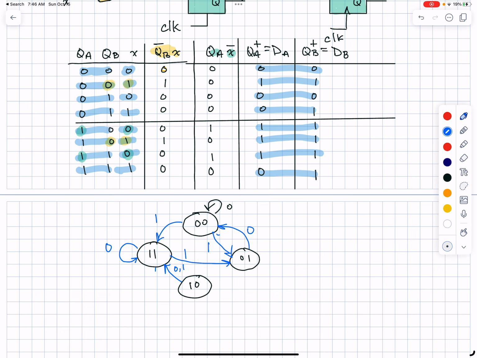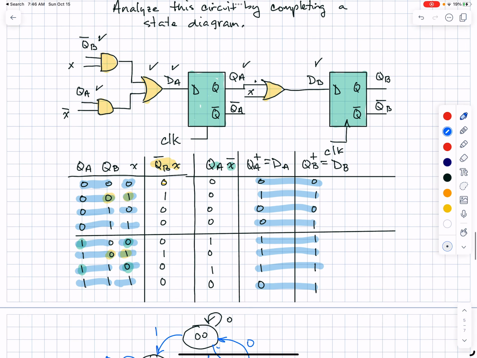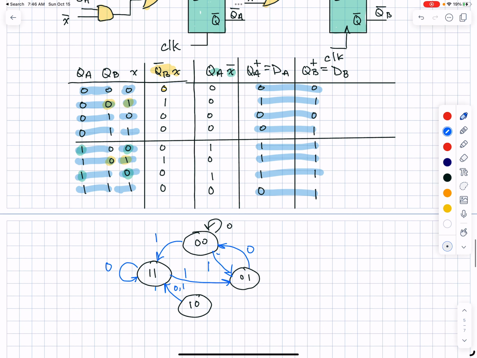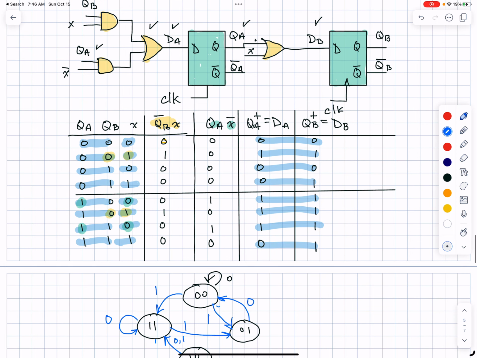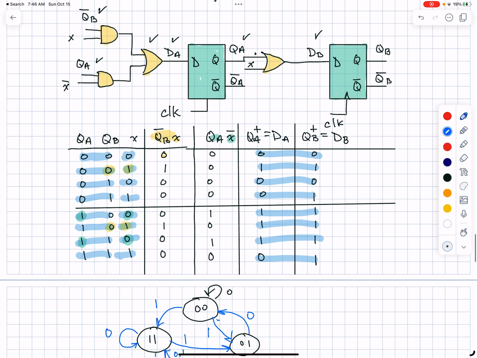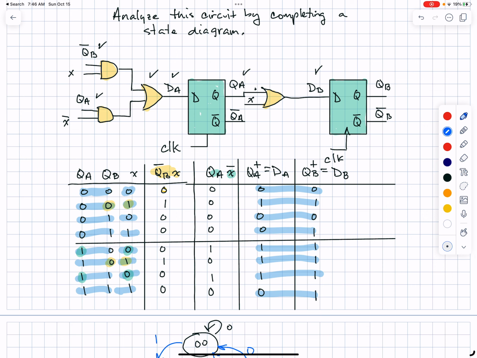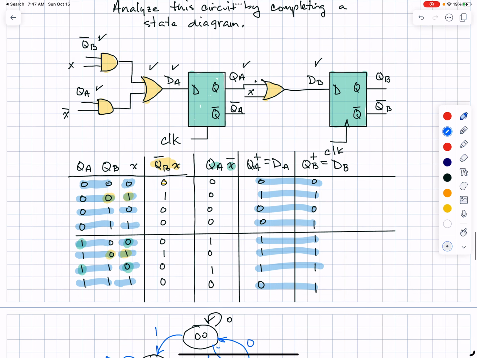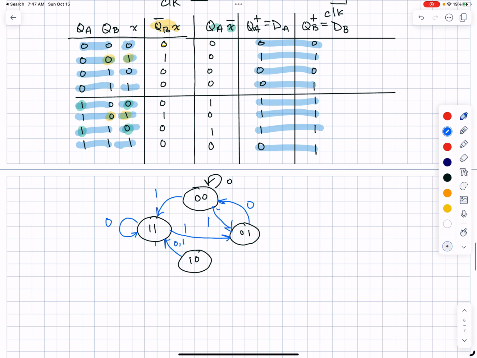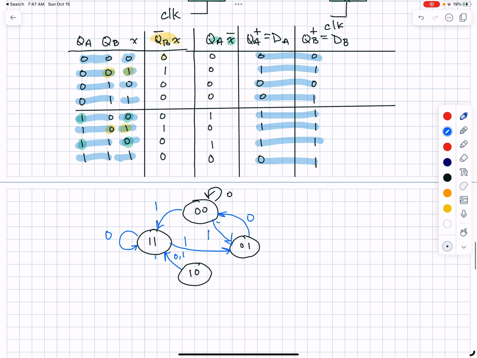That completes the analysis of this circuit, and that's the technique that you use. Hopefully you know immediately what to do when you see a flip-flop analysis type of problem: you construct the next state table. You break down the logic that you need in order to accurately construct that table. From there, it's just a matter of going through the table and figuring out the next state logic.